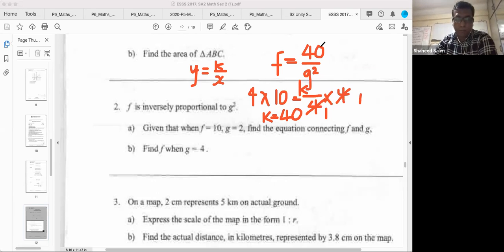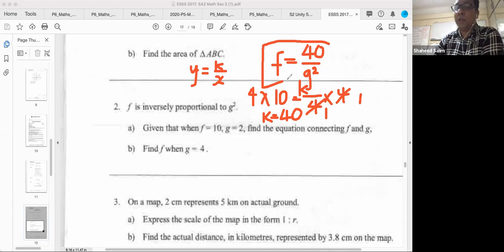You know the equation for inverse proportion. Now they tell you f is inversely proportional to g squared, so f equals k over g squared. Then we find out what k is by putting in the values. k is 40, so you become f equals 40 over g squared.